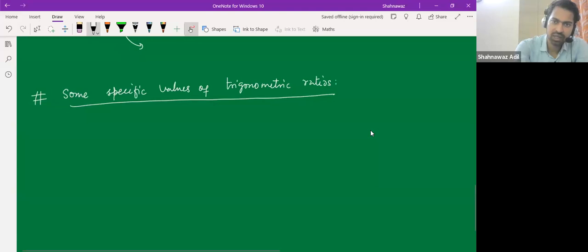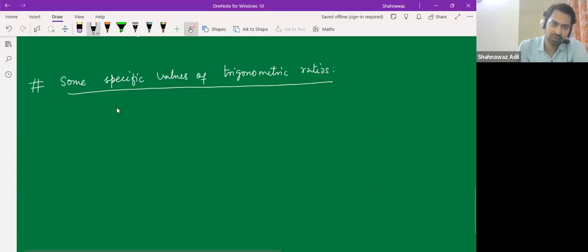Right. So the special or specific angles that we have for this part are 0, 30, 60 degrees, and then there is also 45 degrees between. So 45 degrees, 60 degrees, 90 degrees.